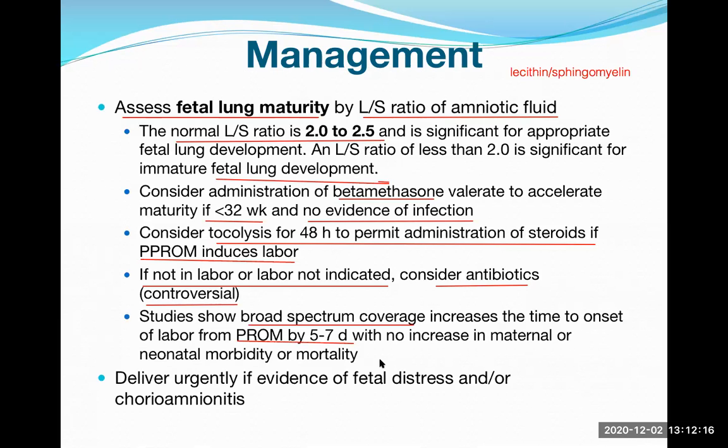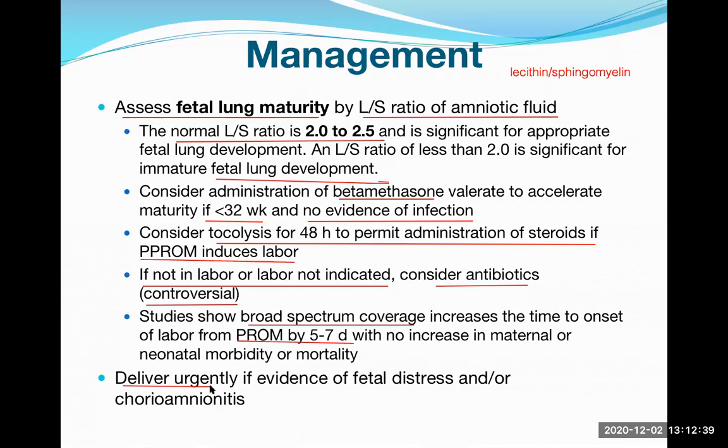If chorioamnionitis has already occurred, we don't go for this type of management. But if there is more than 18 hour or more than 24-hour premature rupture of membrane and till now there is no evidence of chorioamnionitis, then this type of management can be done. This is the meaning.